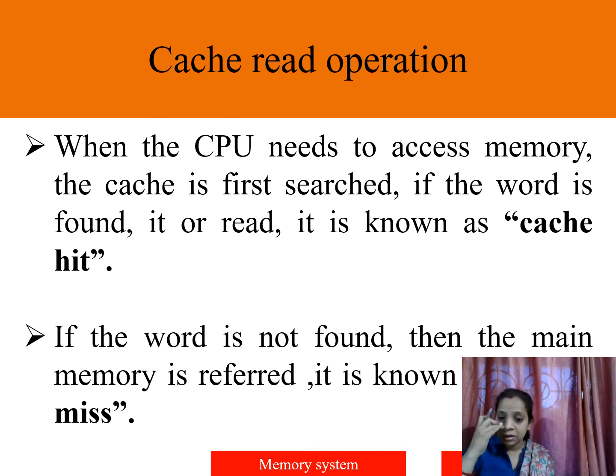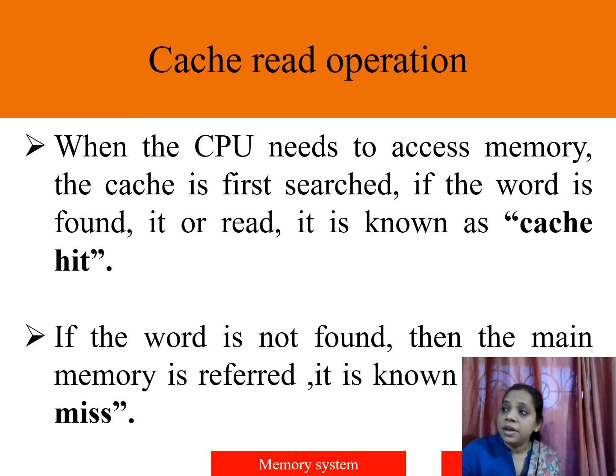On the contrary, if the word is not found, then the main memory is referred. Obviously, we always know that main memory is the executable memory. So main memory is finally referred, and it is known as a cache miss.